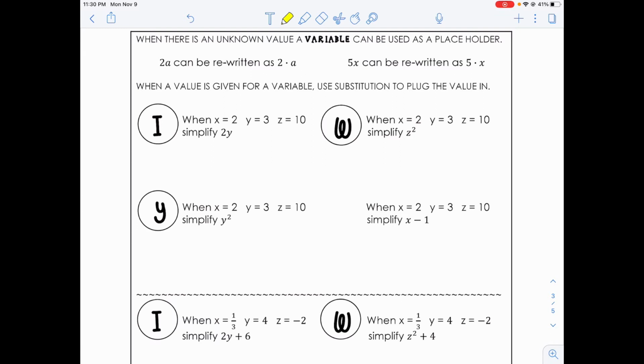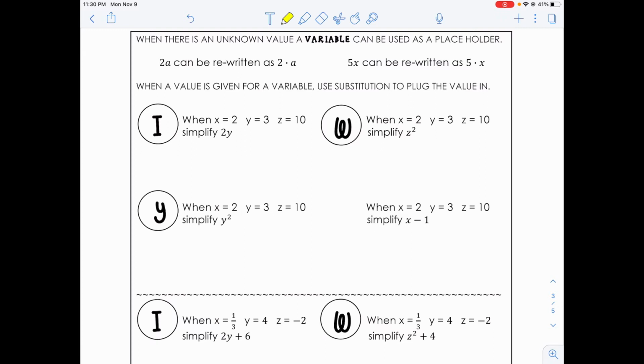So this is 2 times a, just as 5x is written as 5 times x, the multiplication is implied. So when a value is given for a variable, you can use substitution to plug that value into your algebraic expression, and then simplify.